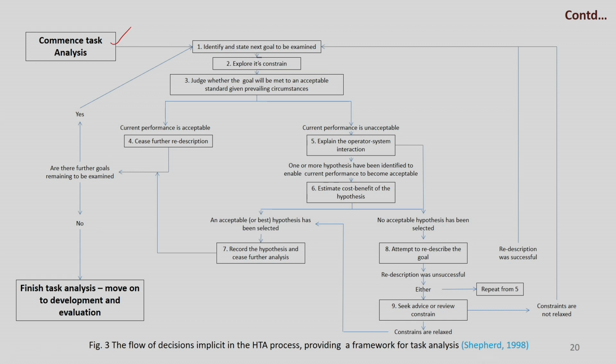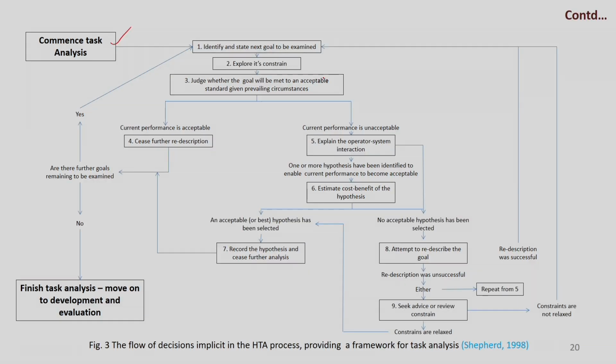Then, explore its constraints. So, once you define, okay, this is the task to be done and these are the goals of that particular task, you try to explain the constraints of that. Then judge whether the goal can be met to an acceptable standard given prevailing circumstances.